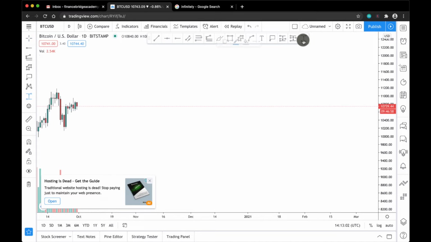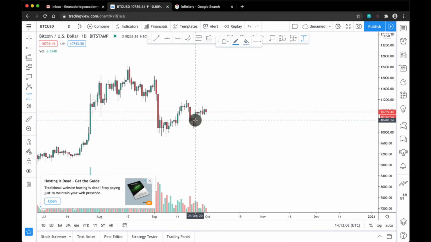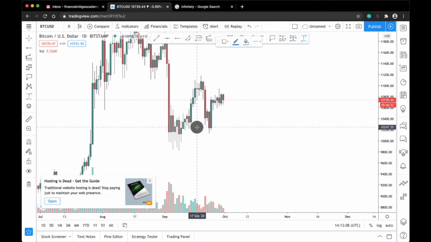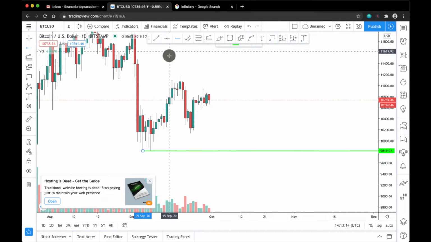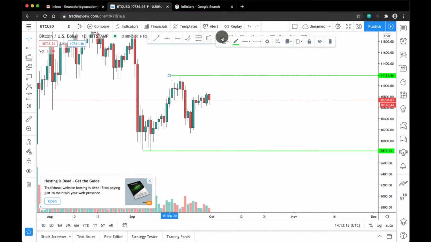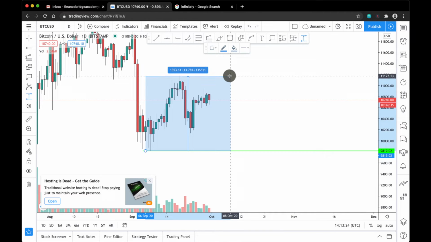So price range. This one is price range. That's what it's called. Price range is just to check for price range. It's that simple. Let's say I want to check the price range from here to this place. I can just click on the price range, take this one away, then click on the price range from here straight to this place. So this is the price range.